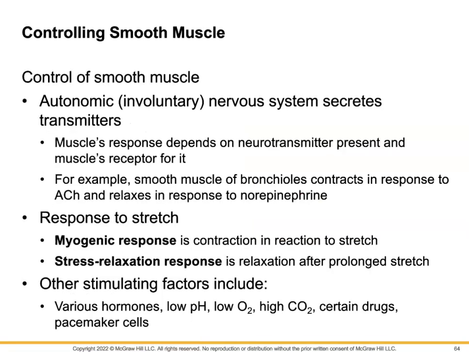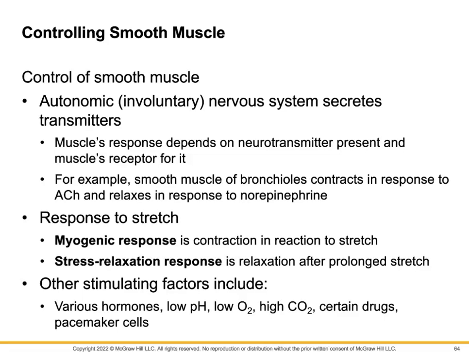The autonomic system also can control smooth muscle. So the nervous system releases neurotransmitters from that autonomic nervous system. Some of these neurotransmitters act very differently depending on the organ that has that smooth muscle.